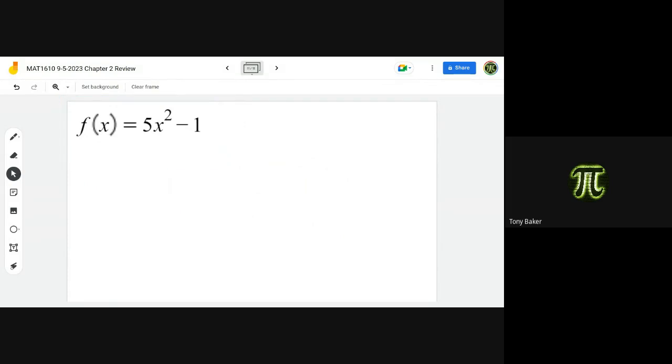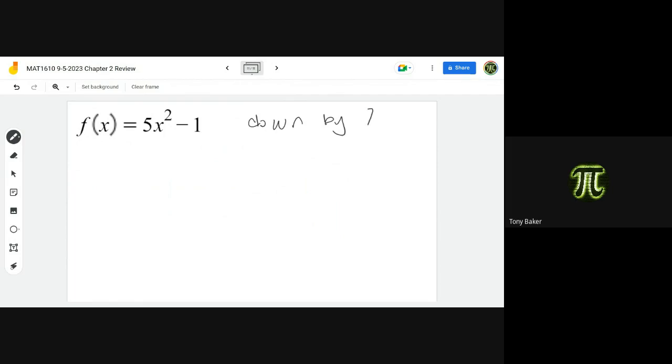So they wanted to go, I think this one was to the left by 7. Oh, it's down by 7. All right, so down by 7.